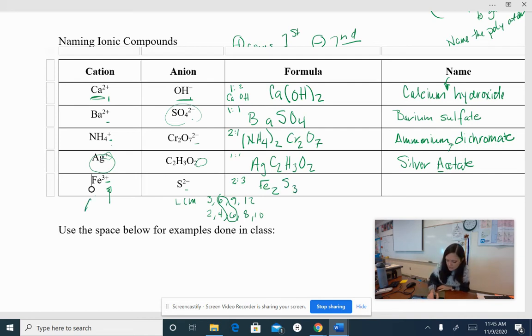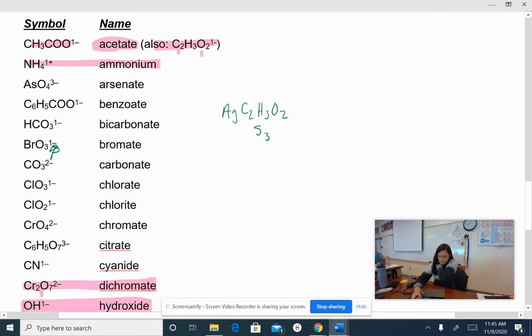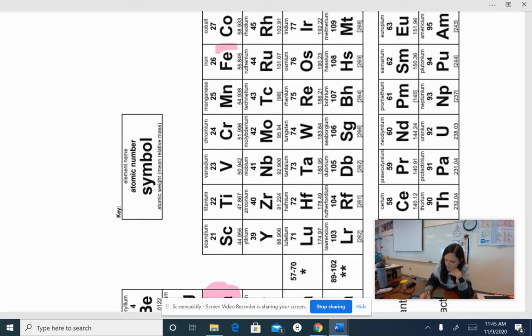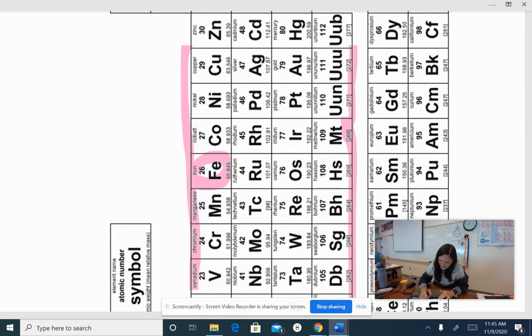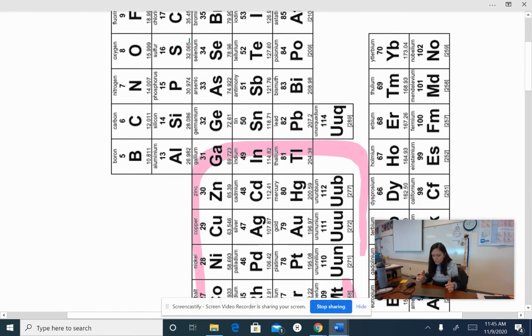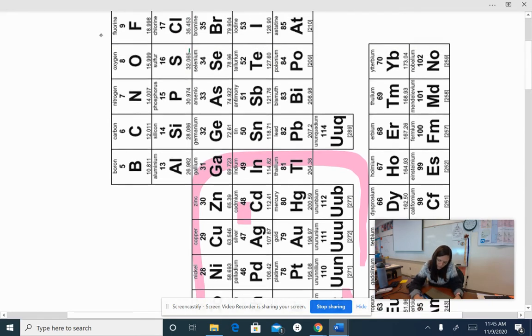Now, iron here is in the middle of the periodic table. Iron's right here. That is part of our transition metals. So any of the metals that are in this middle block right here need Roman numerals. And those Roman numerals tell us the charge of that metal. There are a couple exceptions to that rule, though.